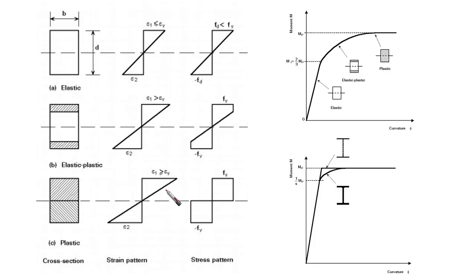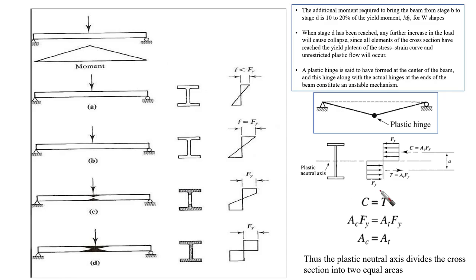However, if you talk about the strain, you're going to find that the strain still has gradual levels. It is the maximum at the top, and then it decreases. It is still linear, even though the yield stress is taking over the whole section. So something is going to be developed here.